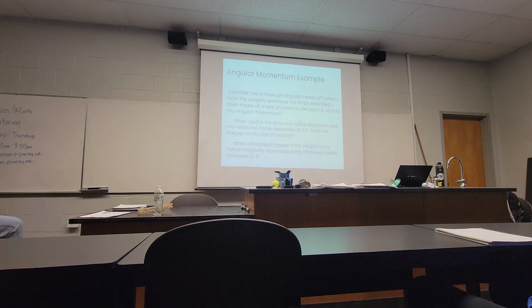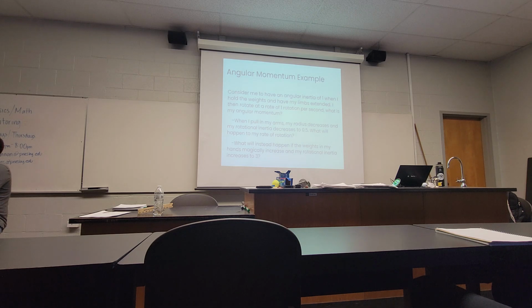And I start spinning at a rate of 1 rotation per second. When I pull my limbs in, let's say that my rotational inertia decreases to 0.5. It decreases because I'm drawing my mass closer to my center. It is easier to make me rotate.